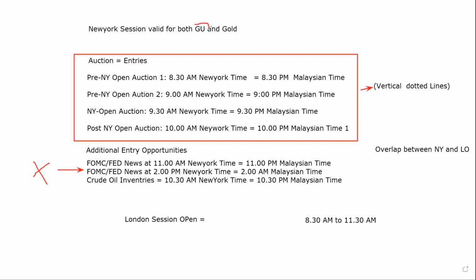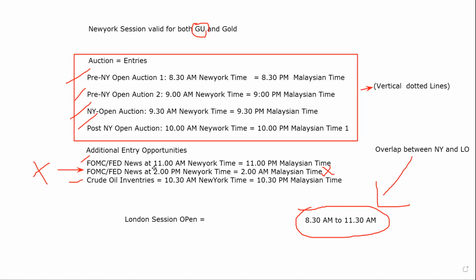I'm talking about GBP US dollar. For GBP US dollar, you can trade this one, this one, this one, this one, this one, and this one, but not this one. Why? Because it comes outside the overlap hours.